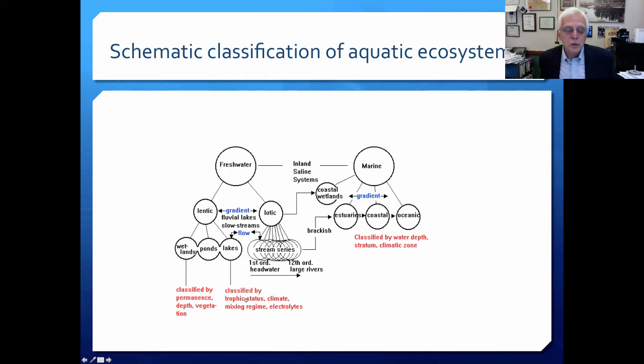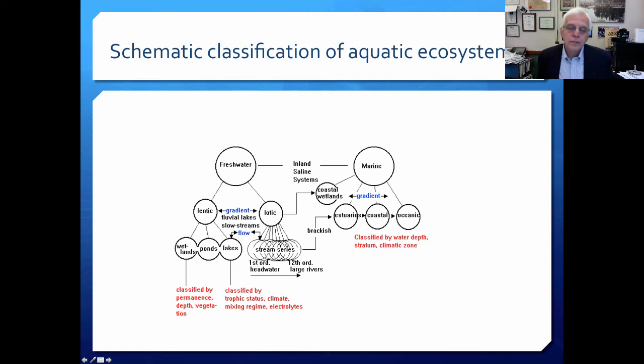That means how much nutrient is there, how productive are they. Also by climate, the mixing regime, whether they mix top to bottom or not, and the electrolytes that are in them.